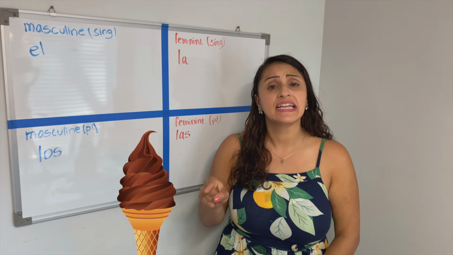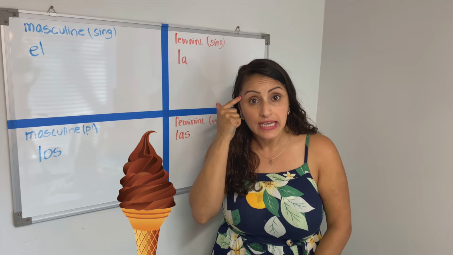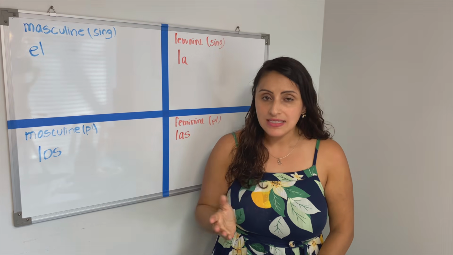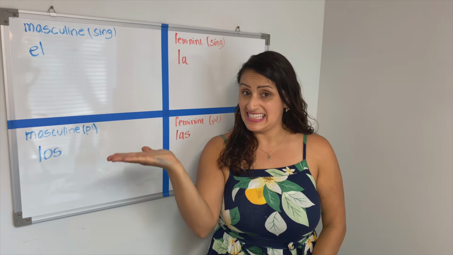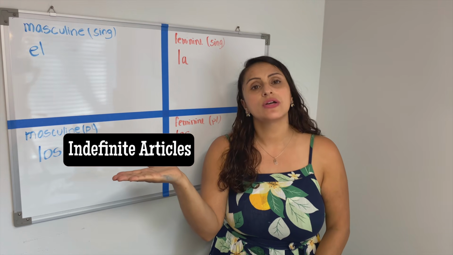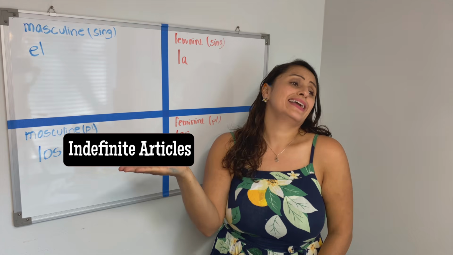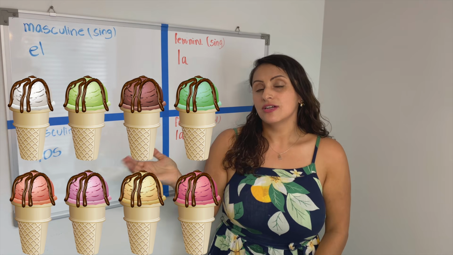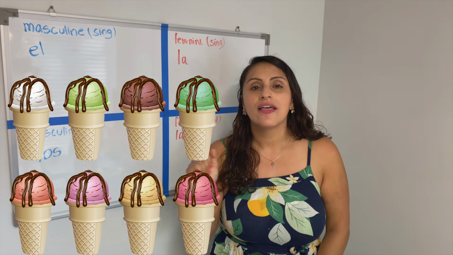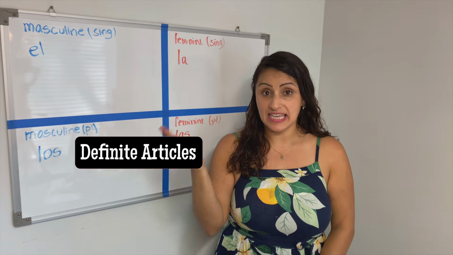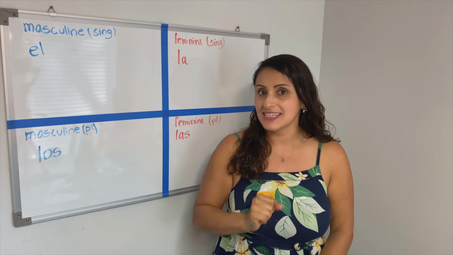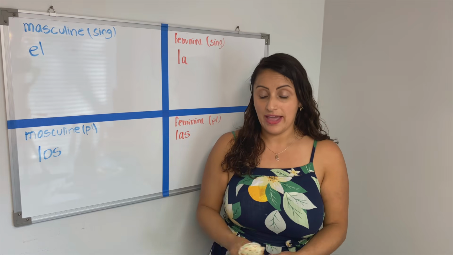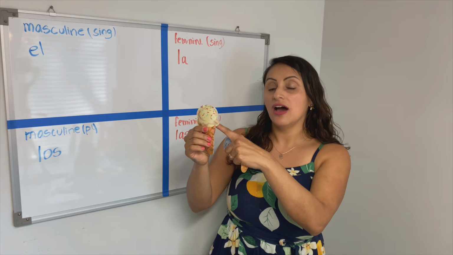And you have one in specific that you're thinking about. I like the chocolate ice cream. But when we get into indefinite articles, we're going to be talking about maybe any ice cream. I like an ice cream. You don't care what flavor, you don't care what color. That is the difference between definite and indefinite articles. So think about it that way. I like the ice cream.